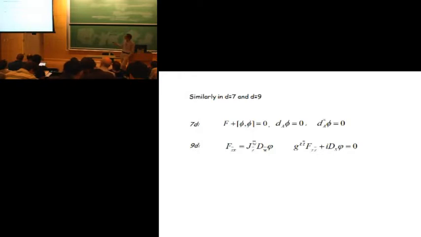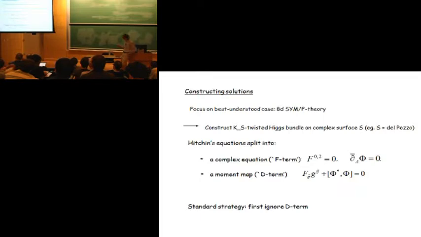In 9 dimensions, dimensional reduction of Hermitian Yang-Mills from 6 down to 5 dimensions gives you a generalization of the Bogomolny equations. This is very similar to the Bogomolny equations for monopoles. So those are the equations you have to satisfy.